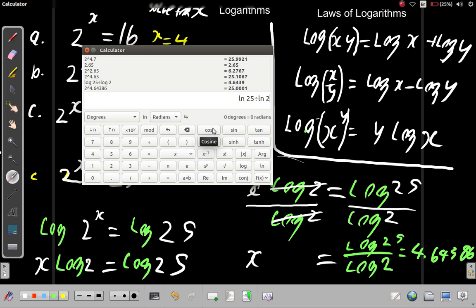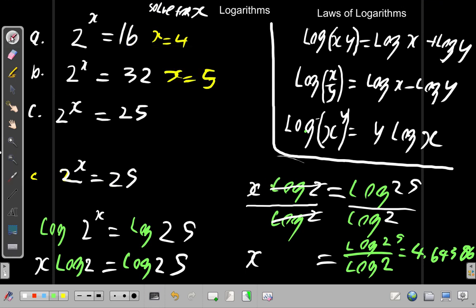Now, what's going to happen? Let's go for it. Yes, it worked. 4.6439 exactly. So it doesn't matter if you use common logs or natural log. It will work just the same. So I could have written this by saying ln 2 to the x equals ln 25. So that could very well have worked.